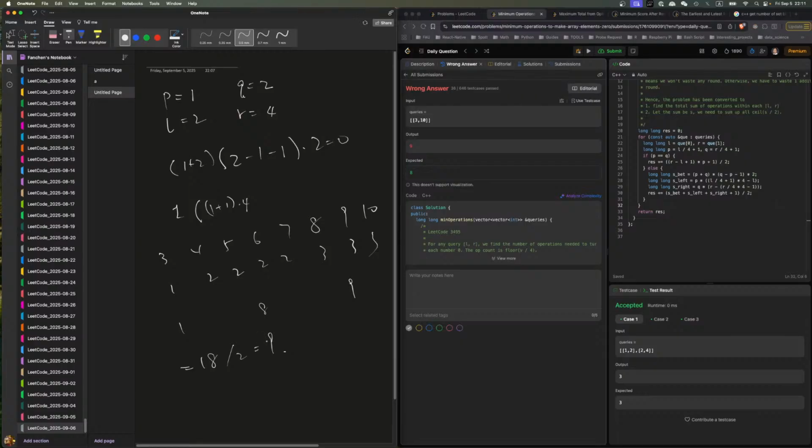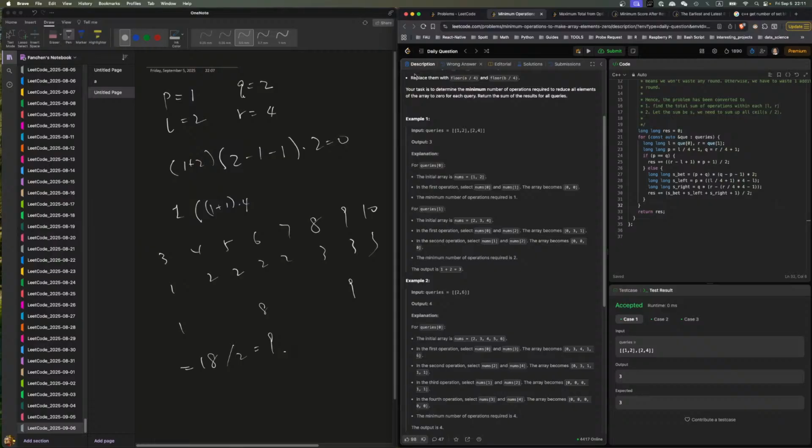How is it possible you can get 8? You'll take one operation. You'll take two operation.